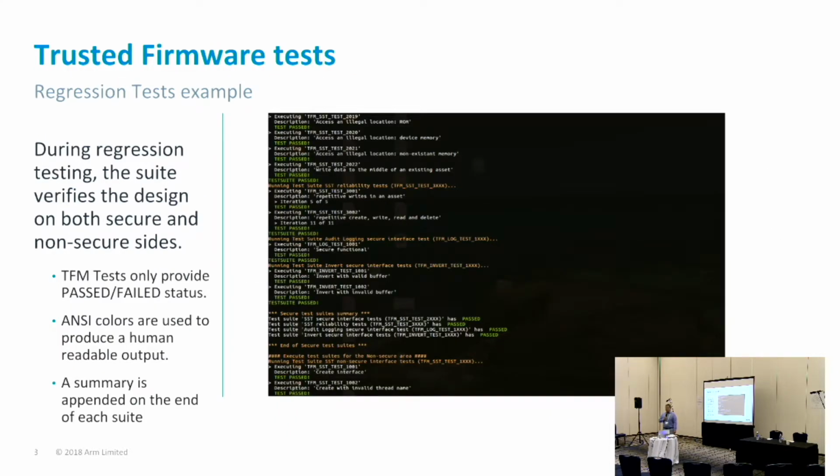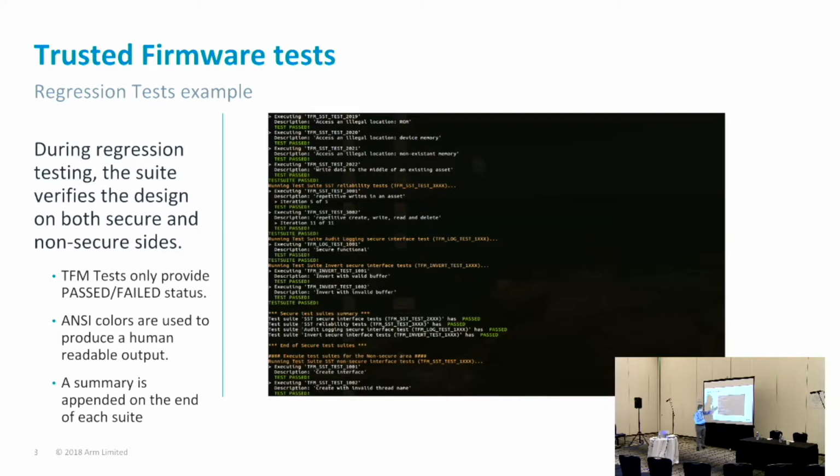So this is an example of the output of a board running a build using regression tests. When the system boots, it will produce the output of the test using the serial interface. It is colorized for readability reasons, and tests are grouped based on the service that you are testing, which is quite obvious here.